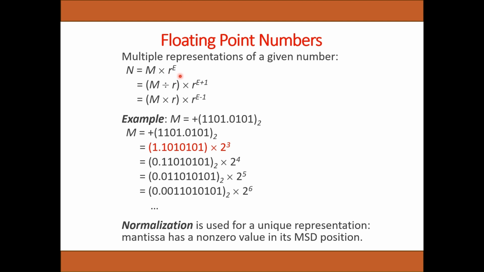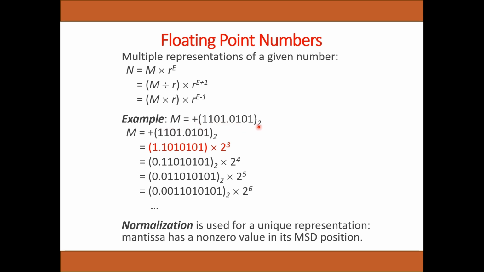Like the same number m, if I divide by r, then we have to adjust the exponent by adding 1 there. And if I multiply the mantissa by the radix, we have to adjust the exponent part by decrementing it by 1. So here it is giving the example.